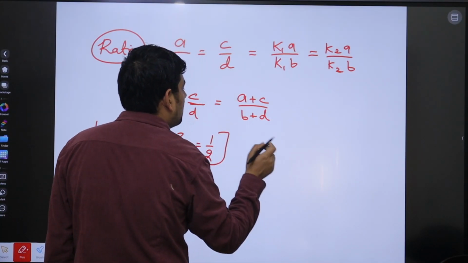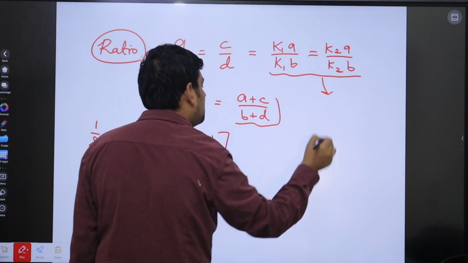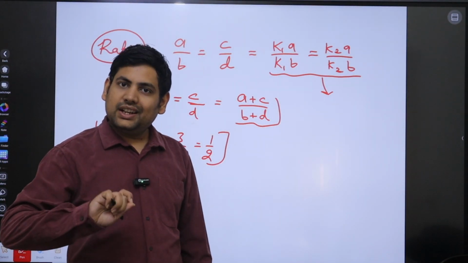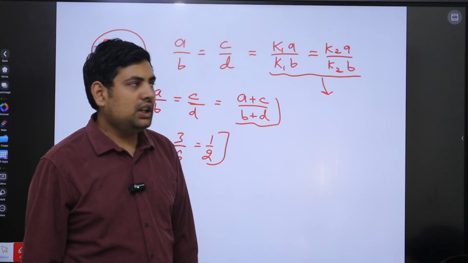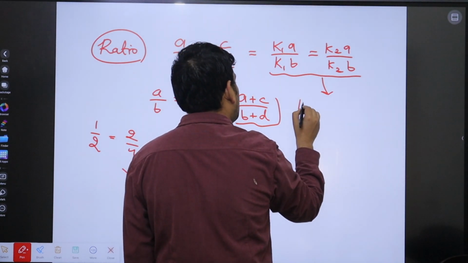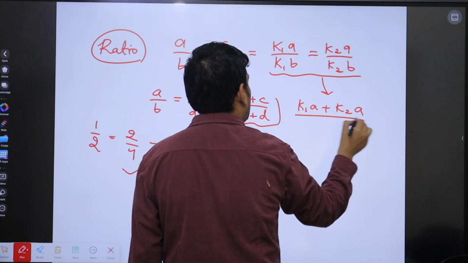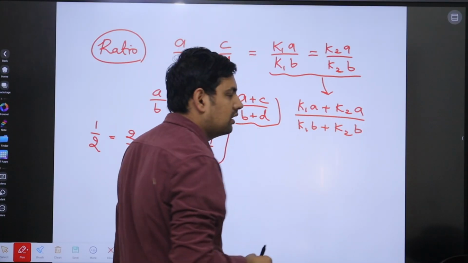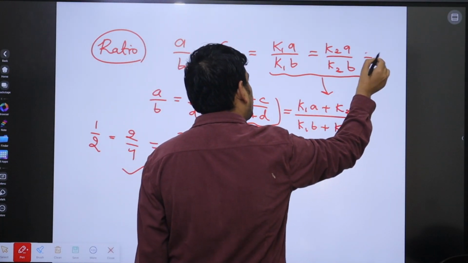Now, this you get. Now, if I apply the same logic here, what I get to? These two ratios are equal. That means their sums, if I create different sums using it, then they also will be equal. So it becomes what? It becomes K1A plus K2A upon K1B plus K2B. This is also equal to all of them.